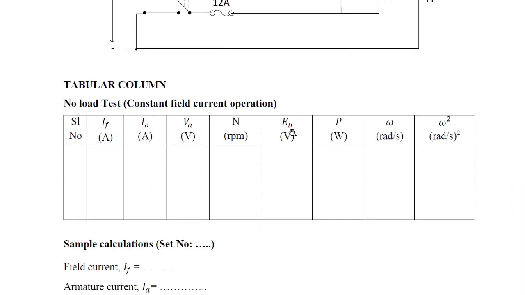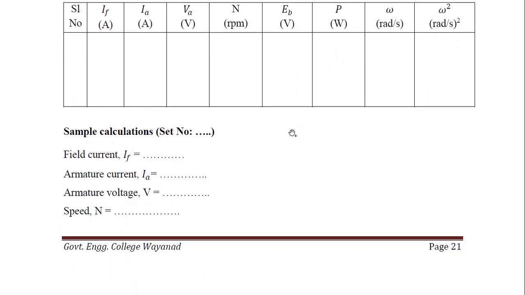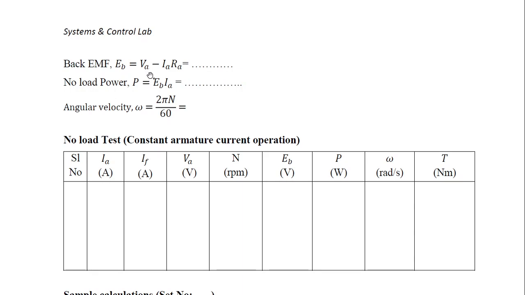Then in the next column we have the back EMF EB, and that's calculated using this equation: EB equal to VA minus IA RA.